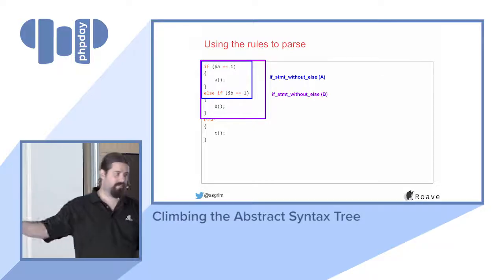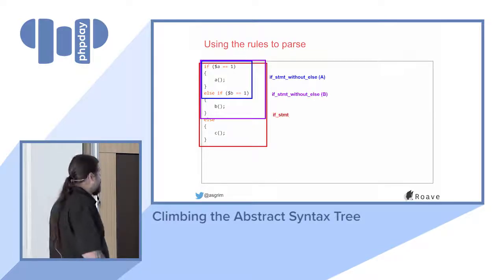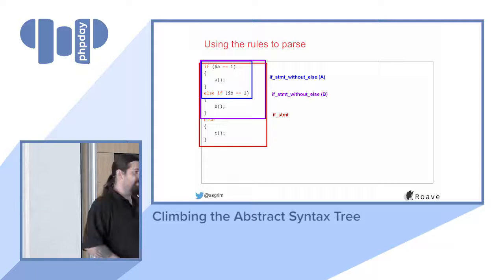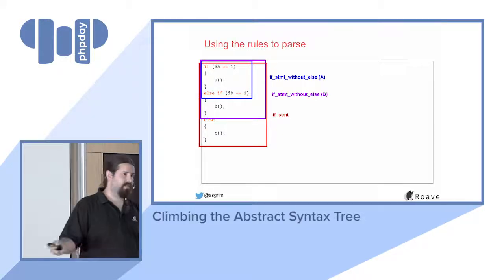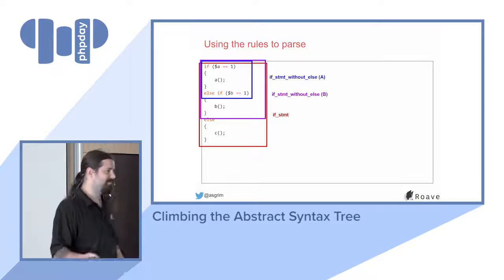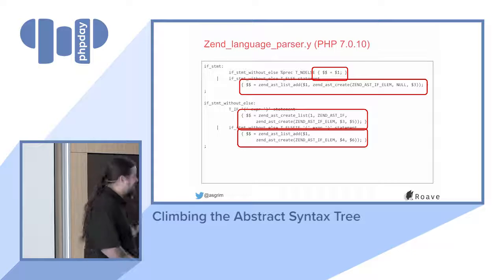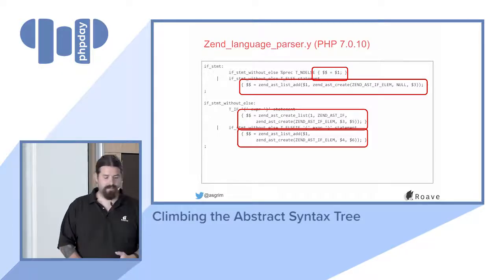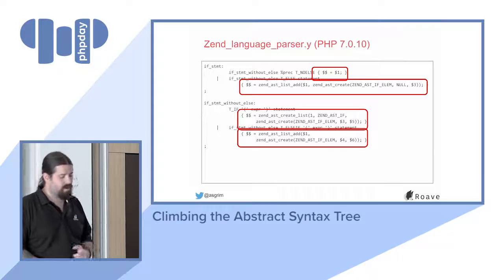So we've got a nested matching here. And then the outer one matches an if statement, because it's got an if statement without else, and then the word else, and then a statement in it. Does that make sense? I got some nods, cool, good. This stuff here is what to do when we match this grammar.